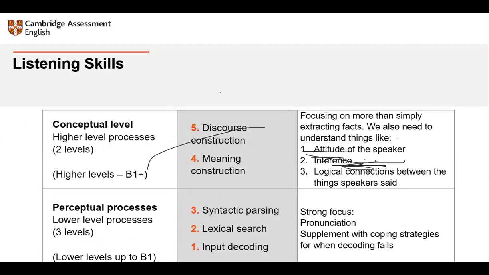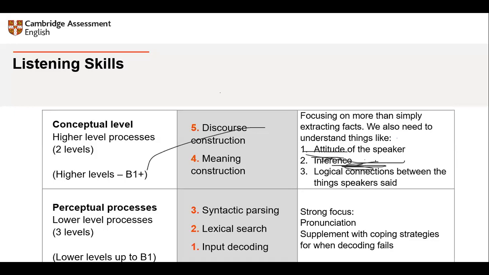And not only that, but listening has a process that is being carefully researched more and more nowadays, which is those levels of processing. We have perceptual processes. So we start from a lower level with input decoding, that is trying to make sense of sounds, trying to make sense of the words that you hear.